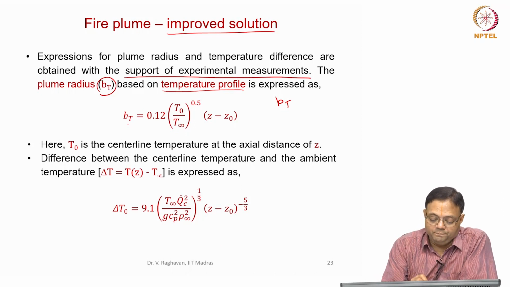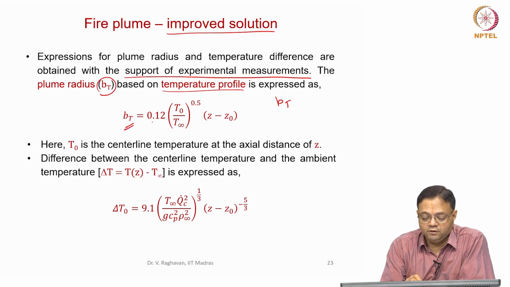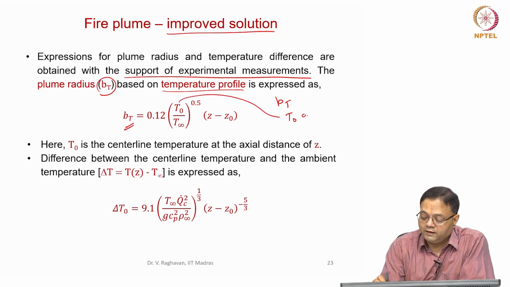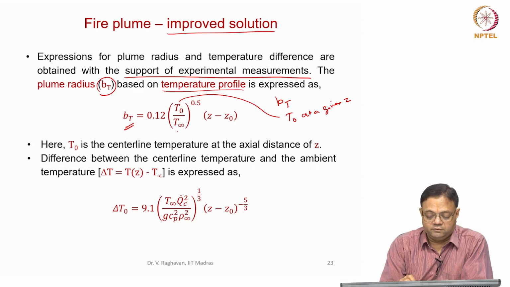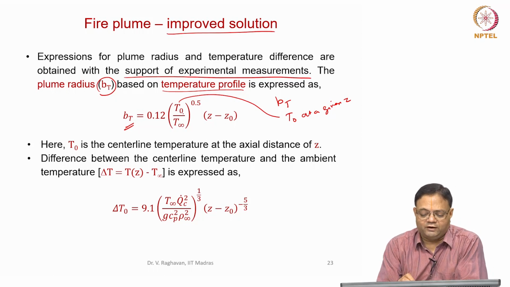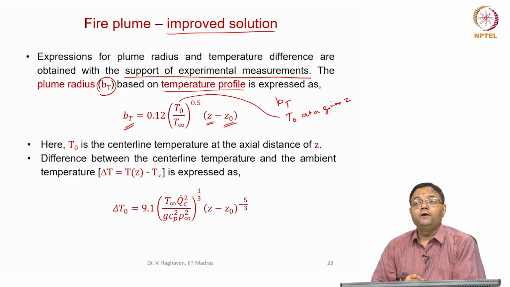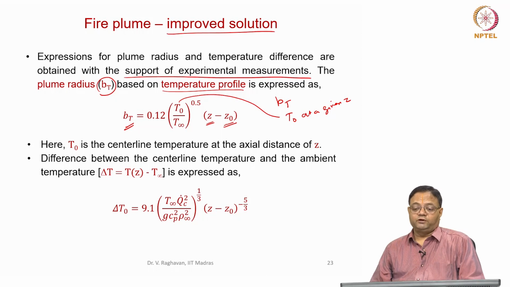So, I can say BT is 0.12 into (T naught, that is the center line temperature at a given Z, divided by the ambient temperature) power 0.5. Please understand, T naught is a function of Z. As I told you, some experimental support is there for this correlation, into (Z minus Z naught), where Z naught is the virtual origin.